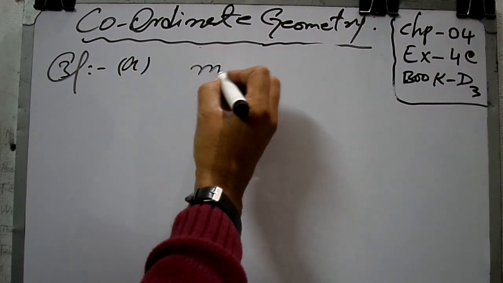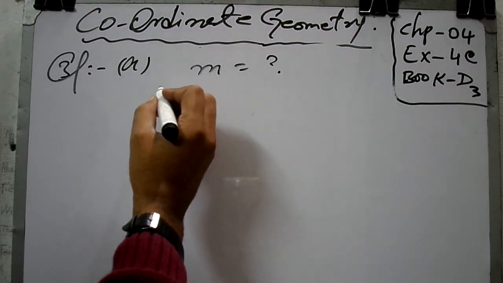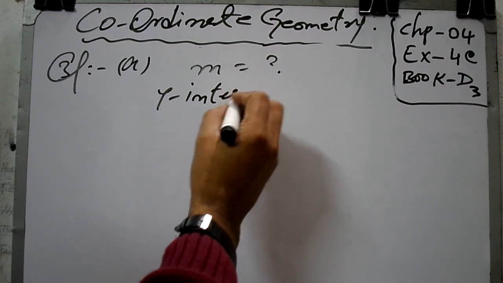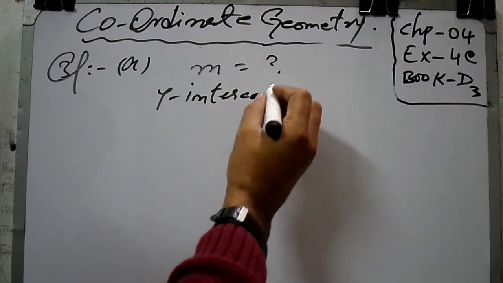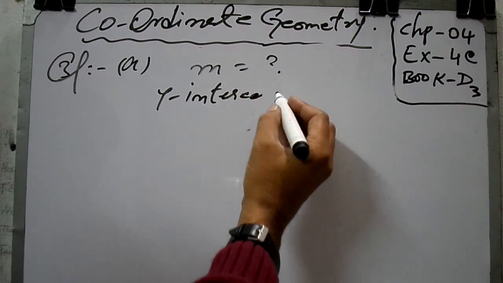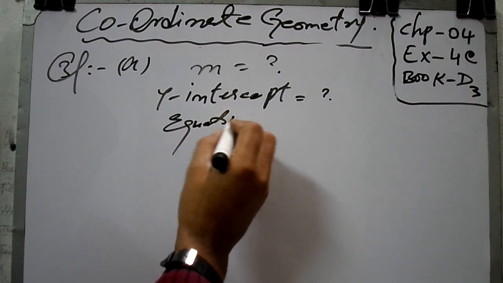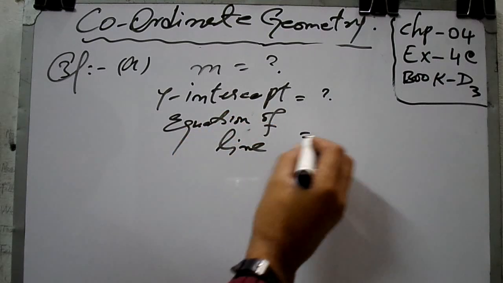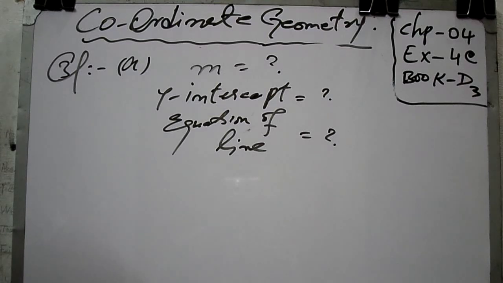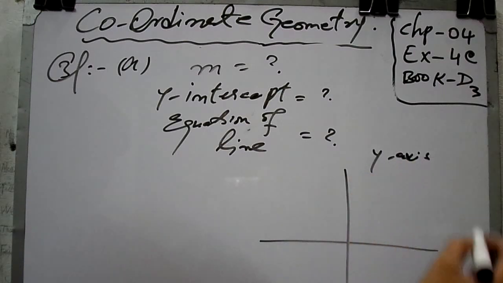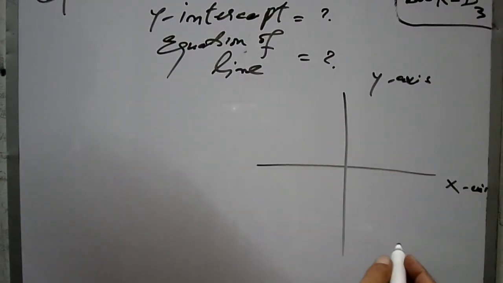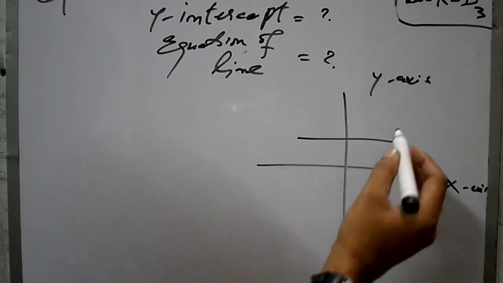So we have to find the gradient m, then we have to find the y-intercept, then the equation of the line. In the figure given to us, that is your x-axis and y-axis.